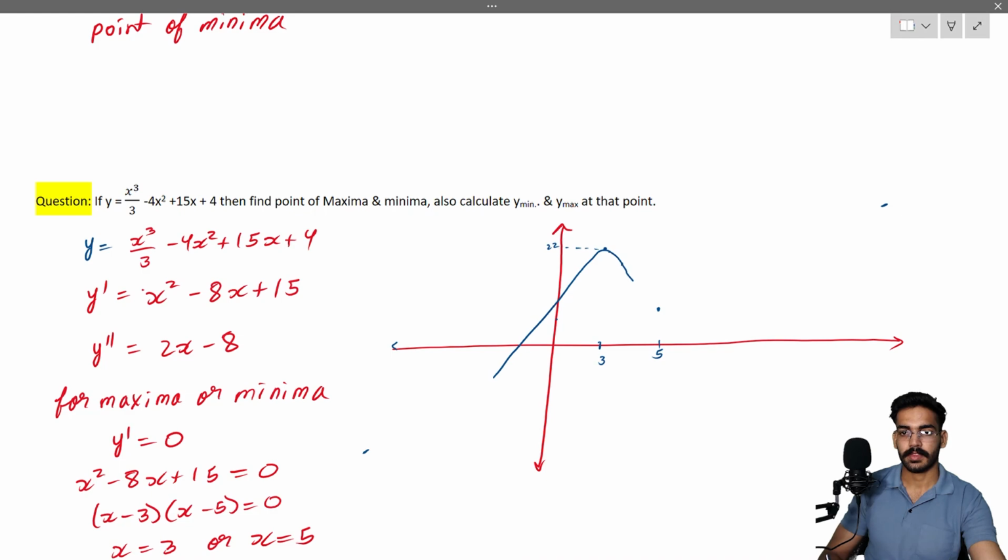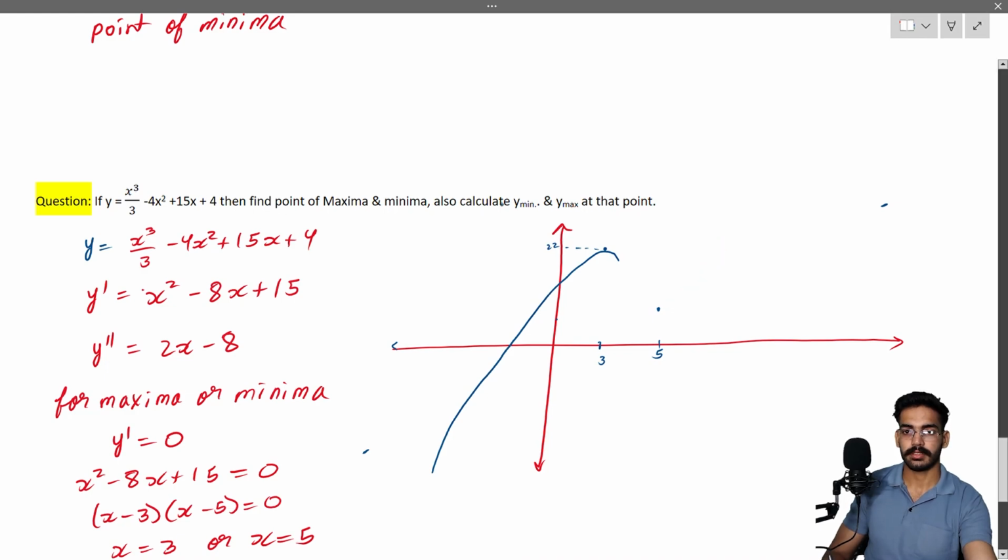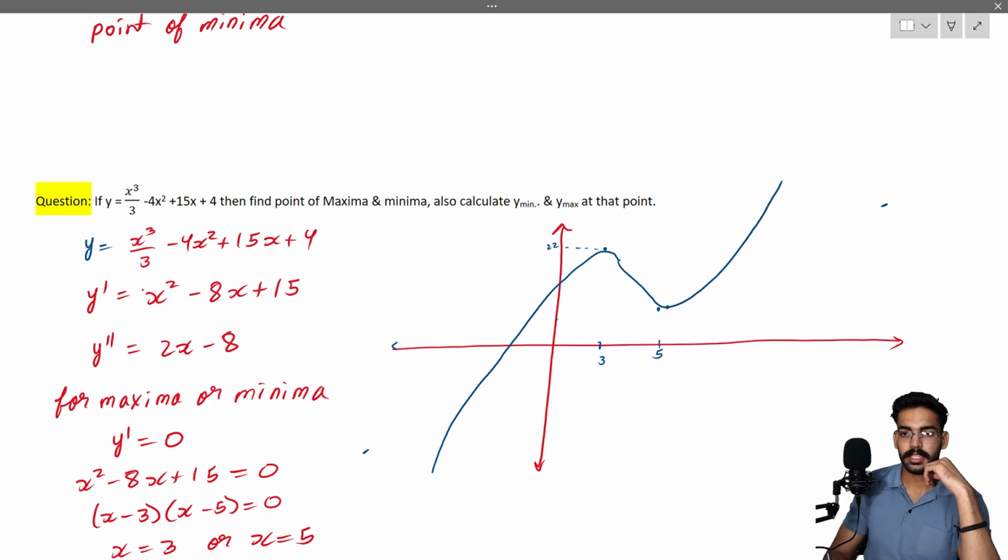Yeah, this is looking nice. It is still not to my satisfaction. And this is going to look like this. So this is my x equal to 5.